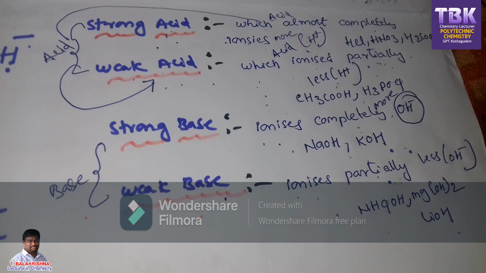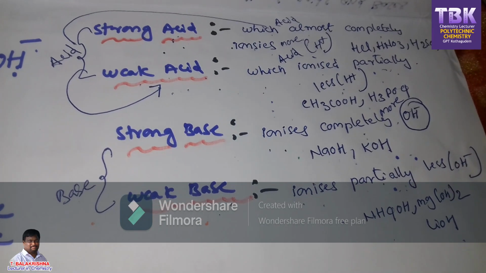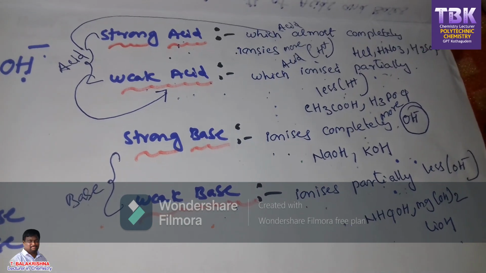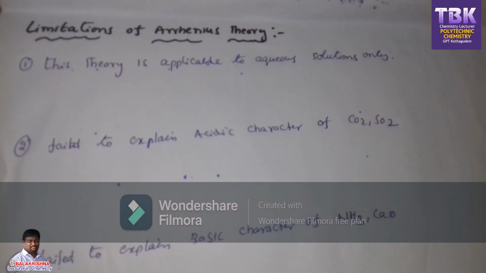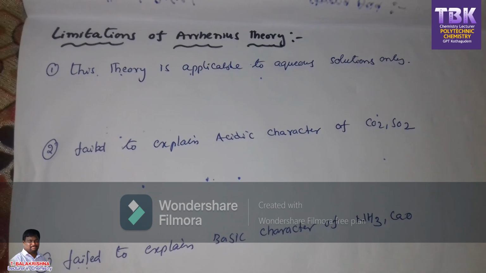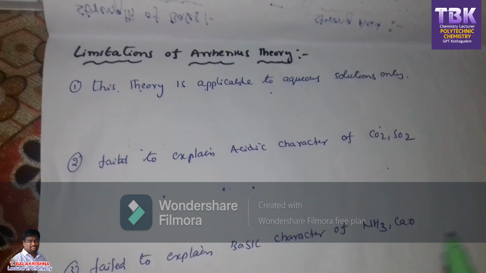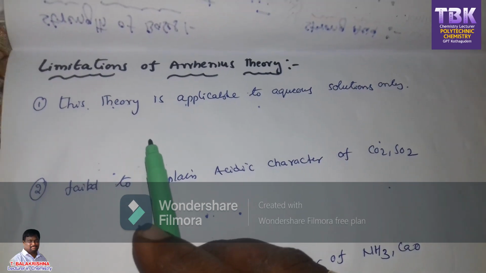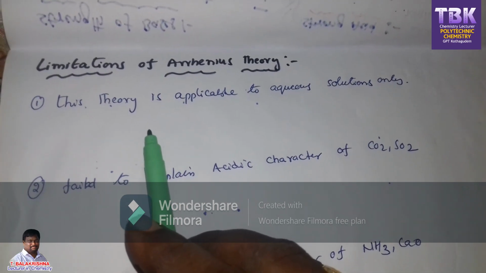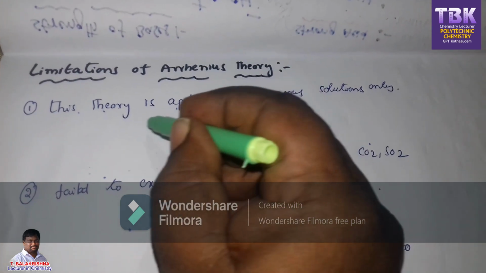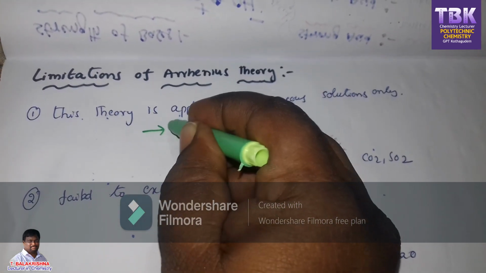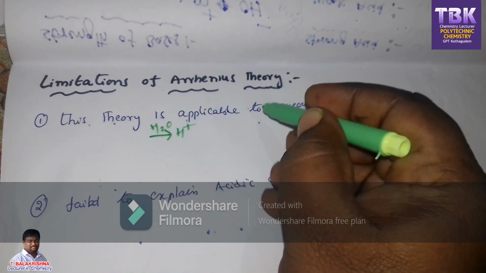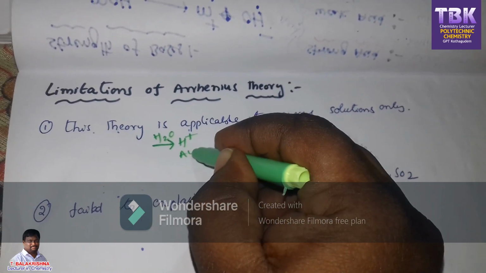Next our topic is the limitations of the Arrhenius theory of acids and bases. According to the Arrhenius theory, the substance which produces H plus ions in aqueous solution, that means in water, is called an acid.